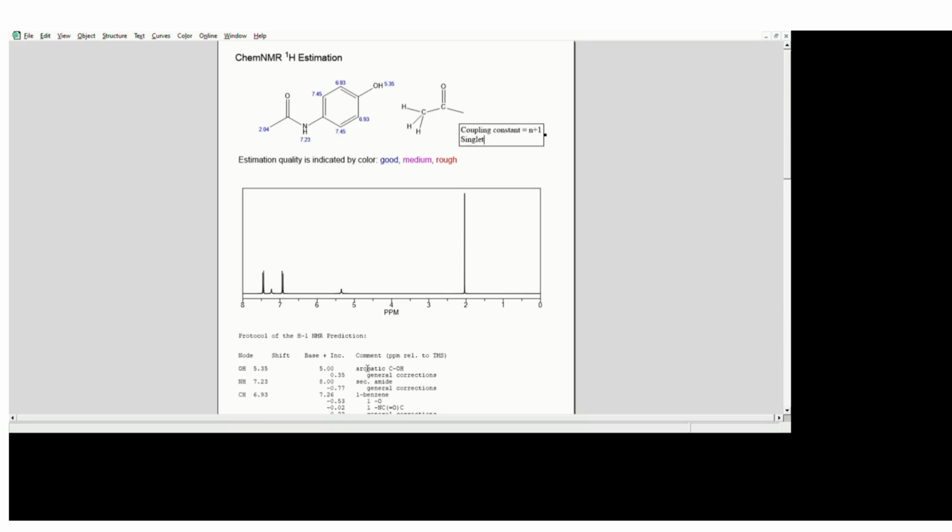Now next is the aromatics. How many aromatic protons are present? Four. And two protons have the same environment, so they have the same chemical shift.